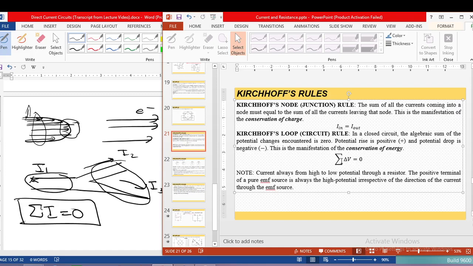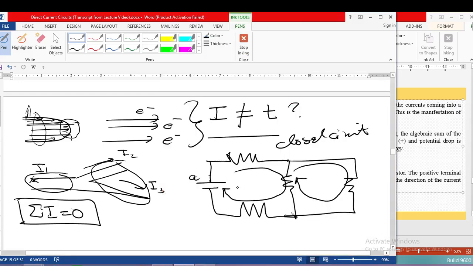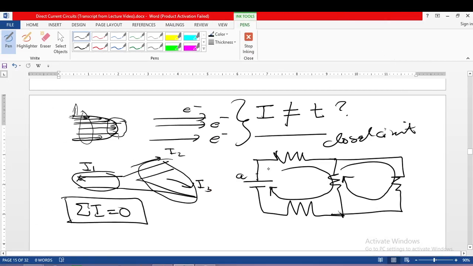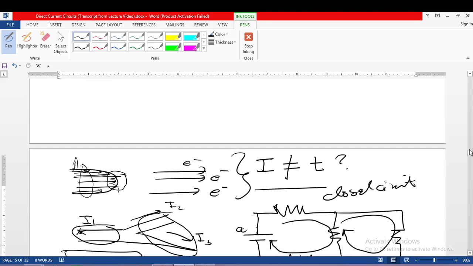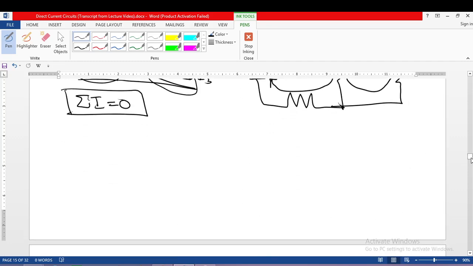Why is the summation of the voltage equal to 0? Now remember that the forces involved here are actually electrostatic forces, right? And we know that electrostatic forces are conservative.